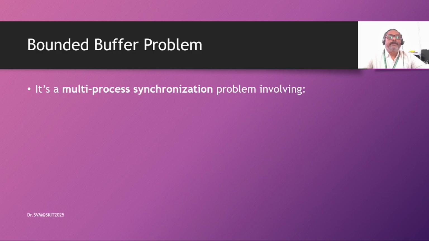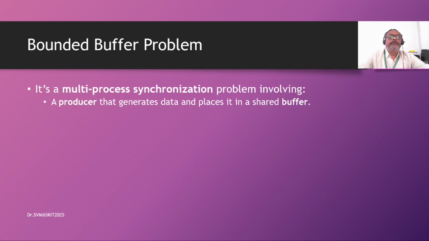But here we get different problems, like the synchronization problem, where we are trying to synchronize two processes: one process sending information to the other process. The process which is sending information generates the data, and we call it a producer, and the produced data is put on the shared buffer.